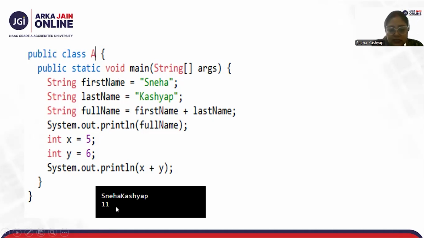So what we can see is, if we are trying to use a plus operator on two strings, it basically concatenates them. But if we are trying to use the plus symbol on integer values or floating point values, it does the arithmetic operation.